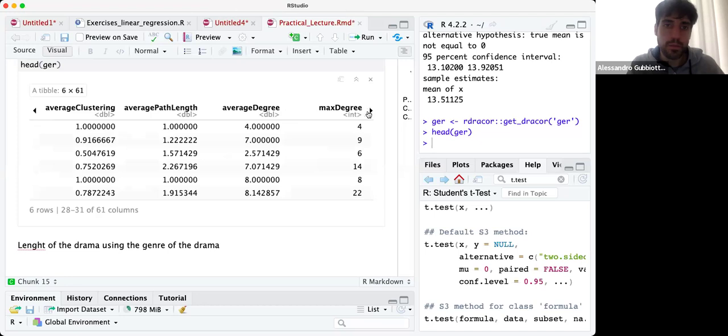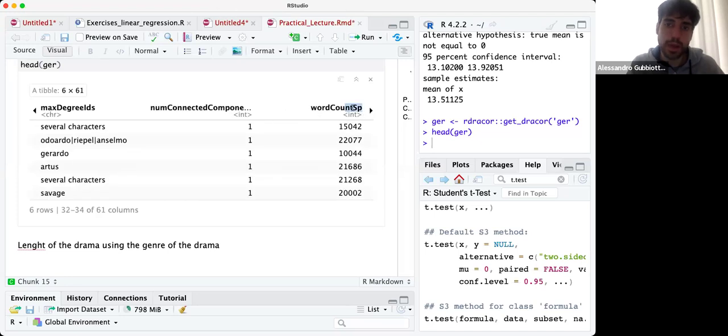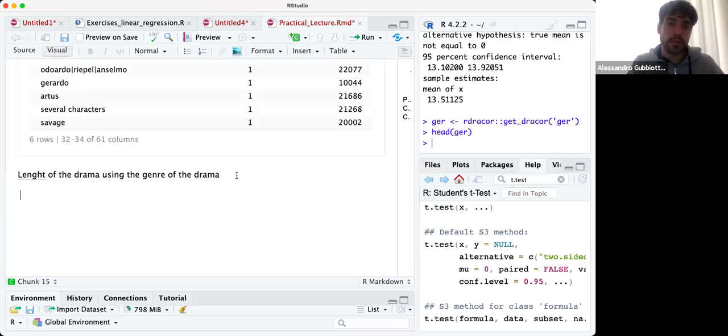Word count is equal to beta 0 plus beta 1 times x.